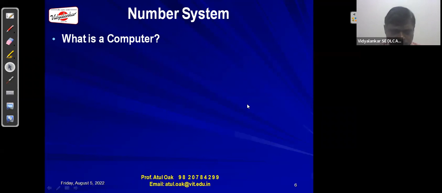Okay, Krishna says an electronic device for storing and processing data. Very good. Electronic device used to store and perform different tasks. That is correct, Ronak. I'm waiting for some more answers. My question is, what is a computer?